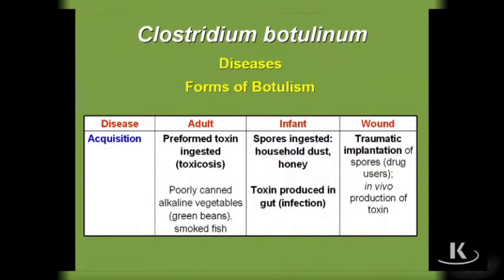All right? Now, as far as the adult form of botulism, this is from canned food, or probably even more common, home canned food. All right? What happens is in home canned food, you get the spores in there, and then you seal it up in a mason jar, and it can be good for a year, okay, or more. Well, you've created an anaerobic environment in there, which is perfect for Clostridium botulinum.